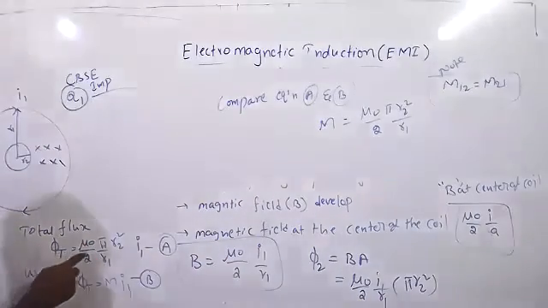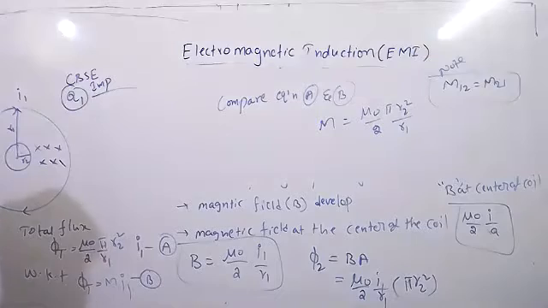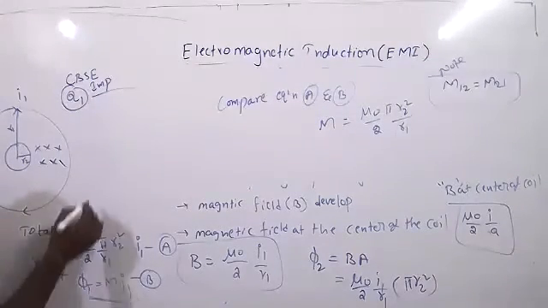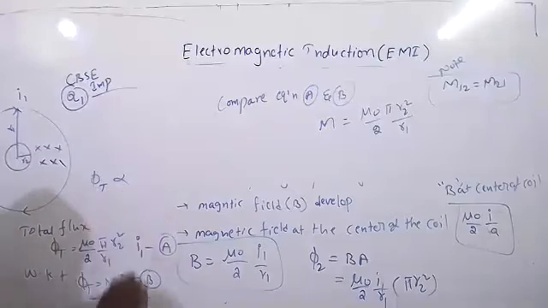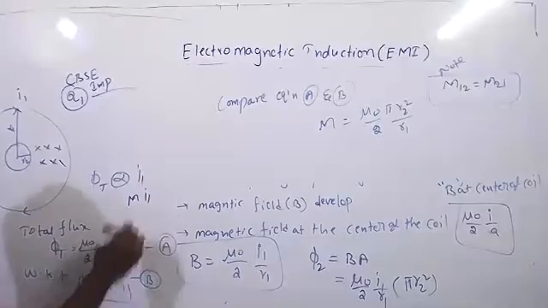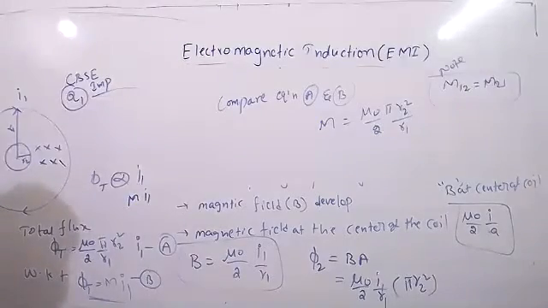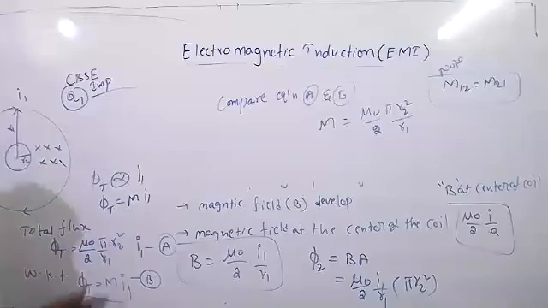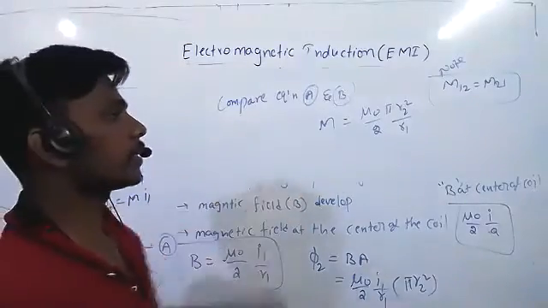So what we will write, very simple. Total flux is equal to μ0, everything we will write. And this one we will compare with equation B. This equation B is very familiar. We know total flux is directly proportional to I1. So we have to remove this and put M. Then total flux is equal to MI. So we compare these two equations. So mutual inductance will be this much.